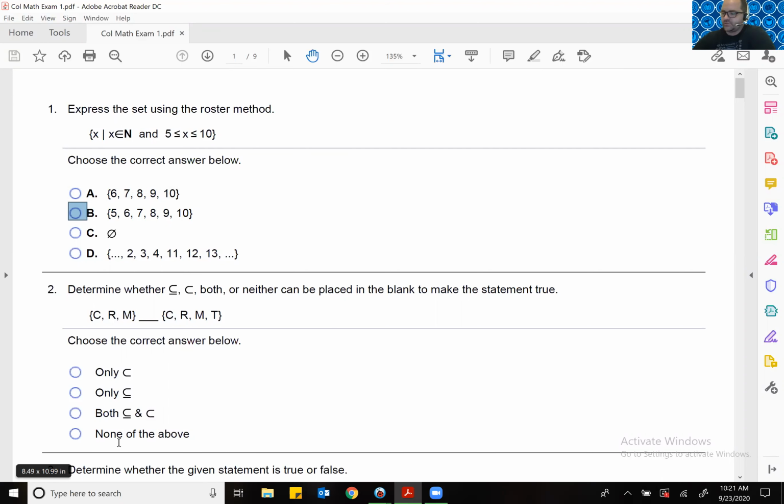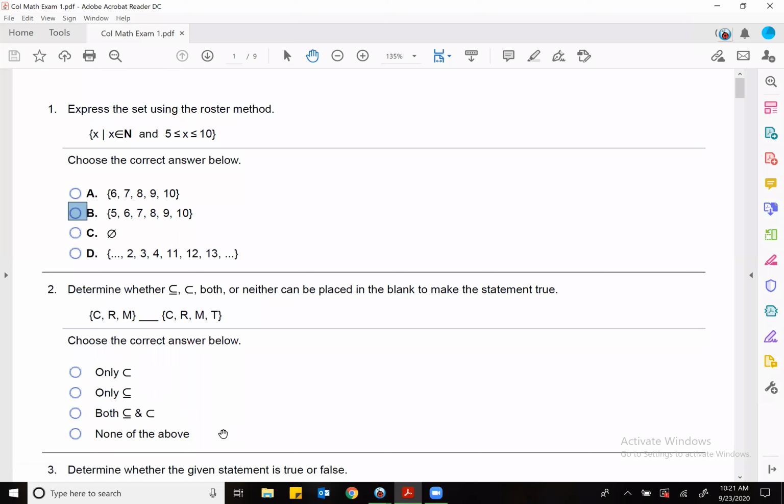Now, remember when I talked to you guys in my videos, and hopefully your professors have told you if you're in another class, that one of these symbols does not make any sense and will never happen. Which one of these answers can never happen?